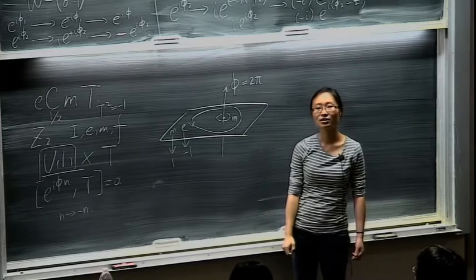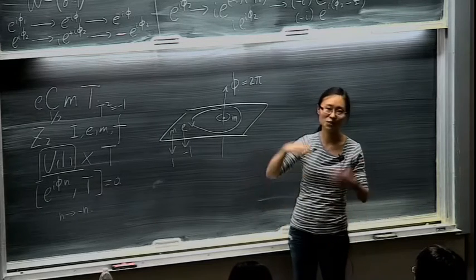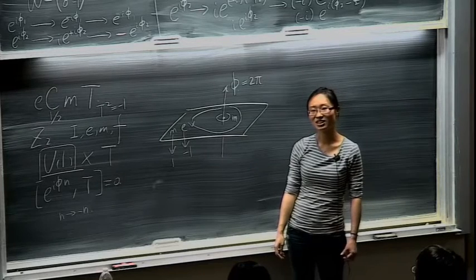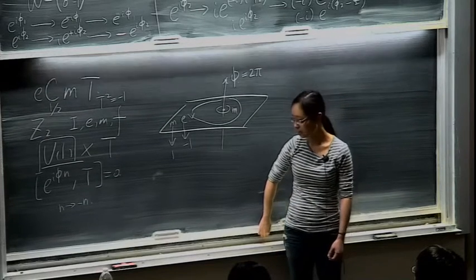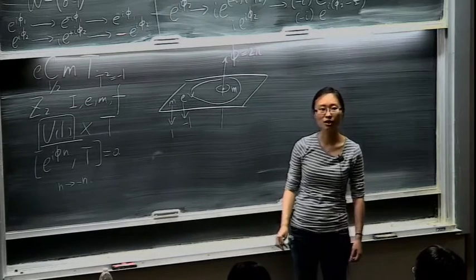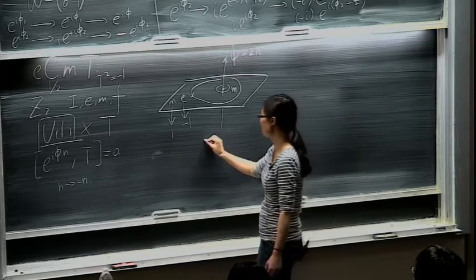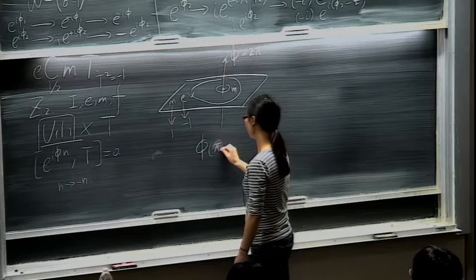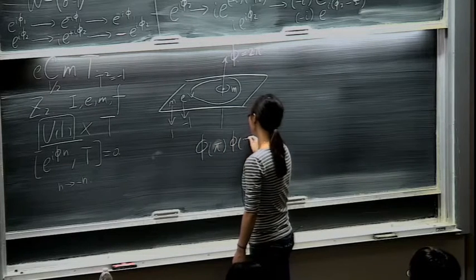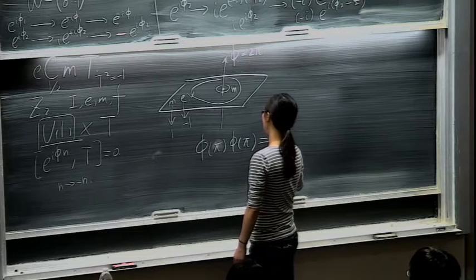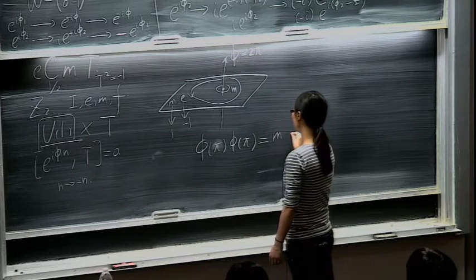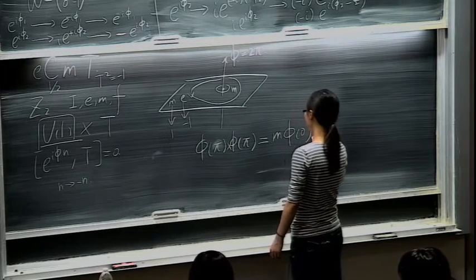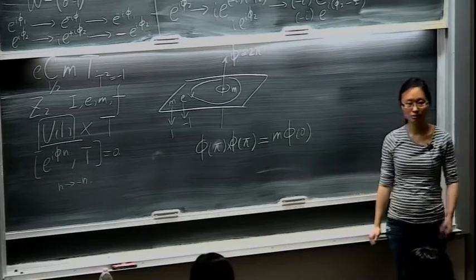Right? So this is what I spent 1.5 hours yesterday talking about. That is this projective fusion rule of symmetry fluxes. And in this case, I should write, for example, 2 pi flux fused with 2 pi flux is equal to M, phi equals 0.